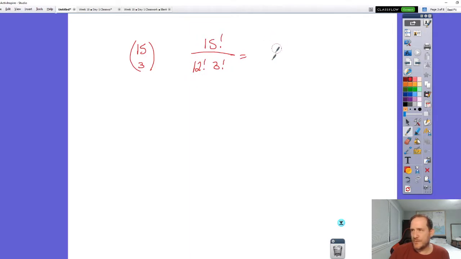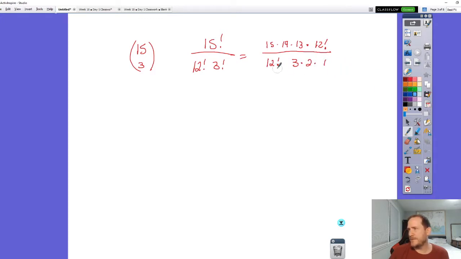As soon as you get to 12, you can stop. There'll be a factor of 15, 14, 13, but you know this 12 factorial is going to kill the 12, 11, 10, 9. So just leave that as 12 factorial and let it get canceled by the other 12 factorial. And then downstairs you got an extra factor of 3, 2, 1.